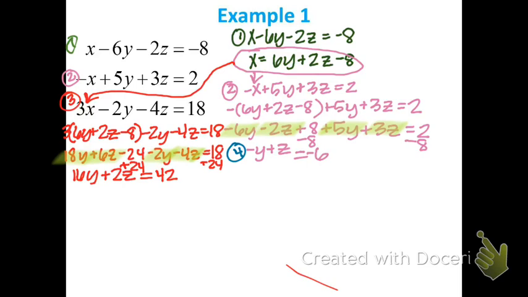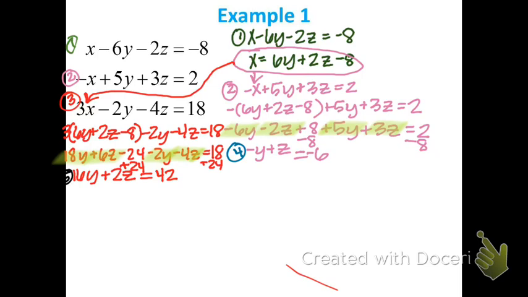Label that one equation number 5. Every single time you have a 3x3 system and you use substitution, you're going to end up with 5 equations.